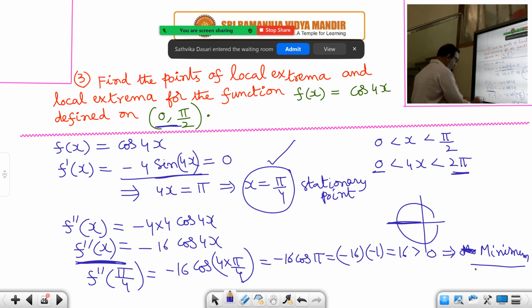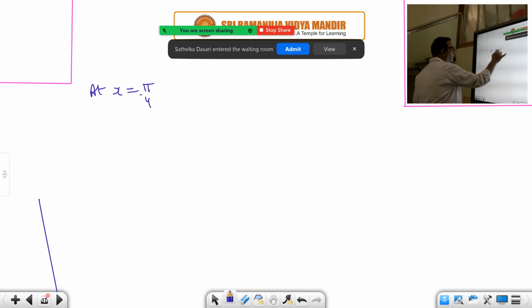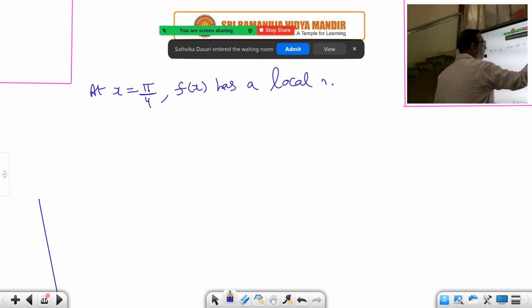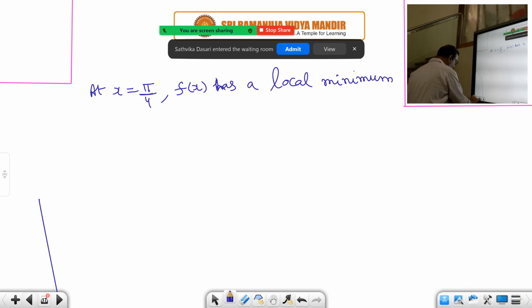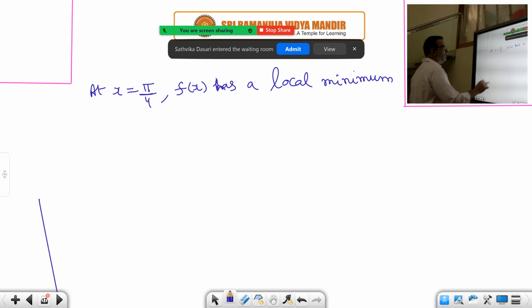So at x equal to pi by 4, f of x has a local minimum, because the second derivative is positive, which means local minimum. And the local minimum value is, let us go forward again.